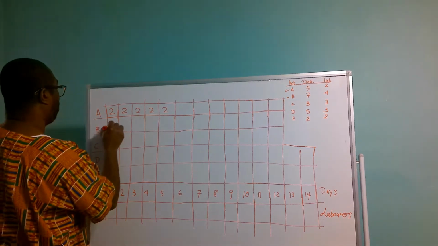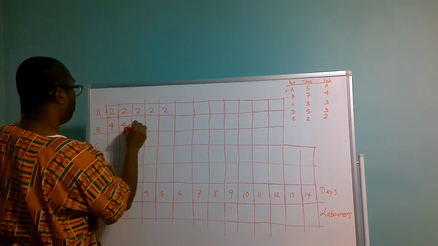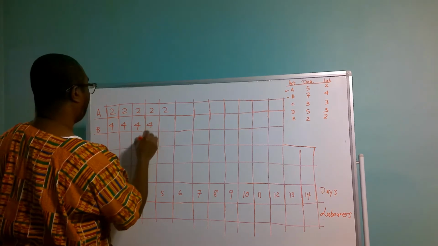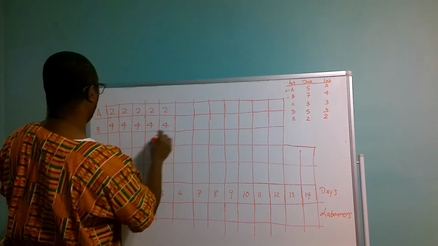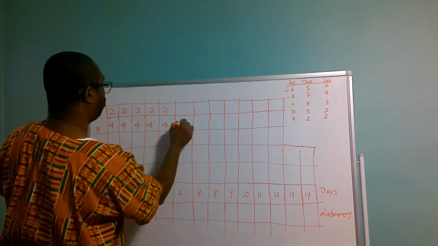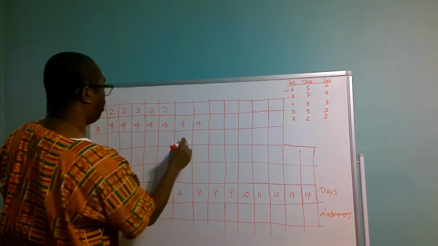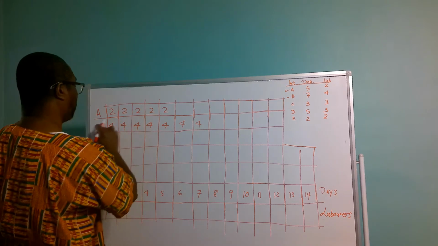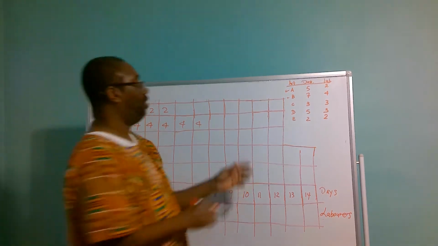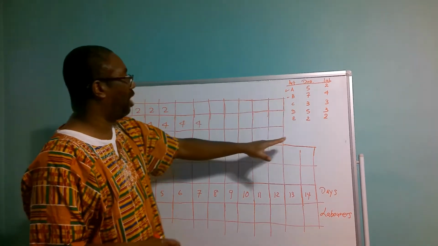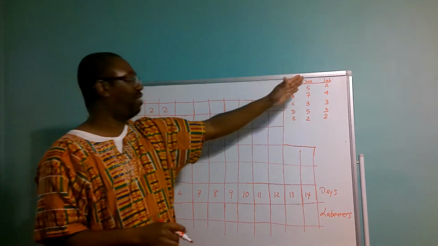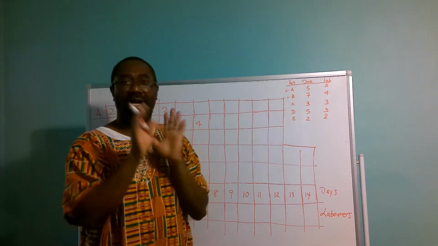So we're going to have 4, 4, 4, 4, 4, 4, 4. Right? So we finished with activity A and activity B in terms of duration and labor force.